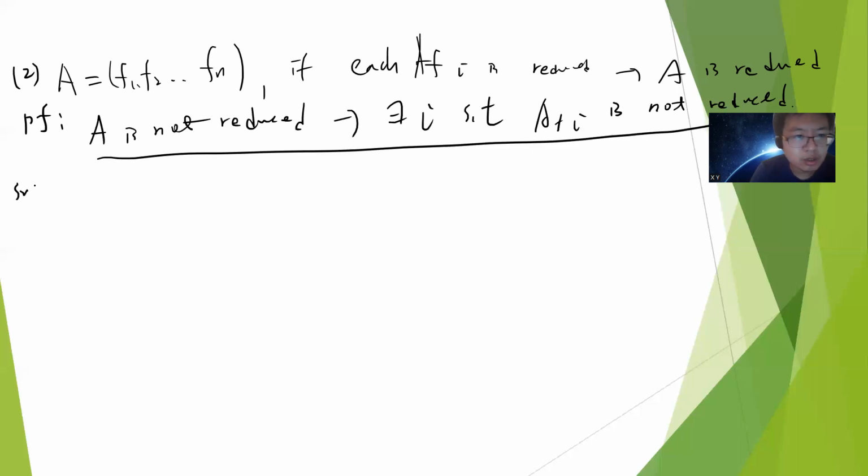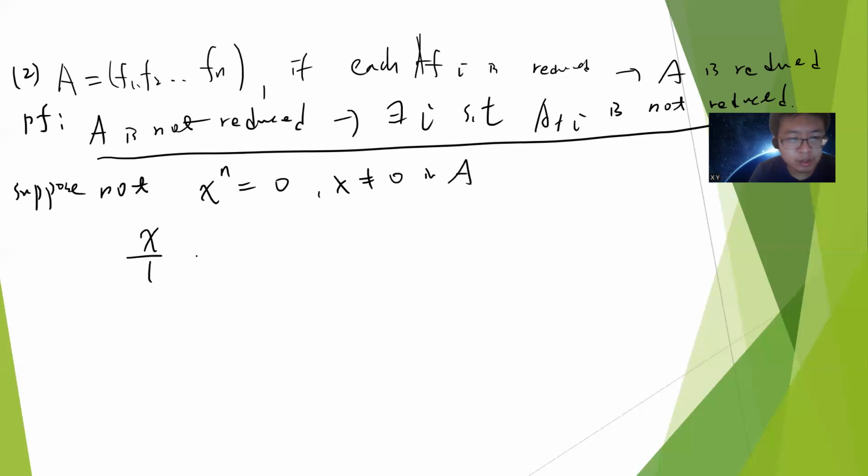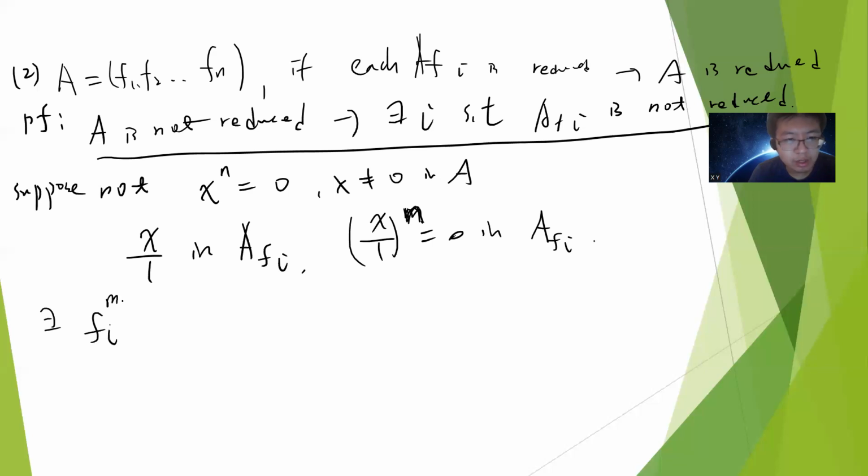Suppose we prove by contradiction. Let's say we took x with x^n equal to 0 and x non-zero in A, so x is nilpotent, and then we just pass into each A_fi. We take x divided by 1 in A_fi. By definition, 1 to the n, sorry, (x/1)^n is 0 in A_fi. So this means there is a power mi of fi such that fi^mi x^n is 0.